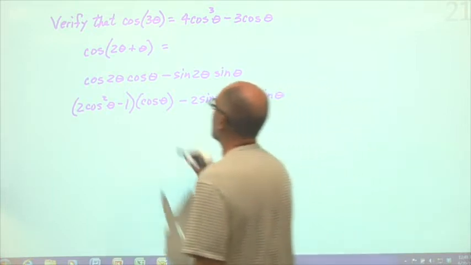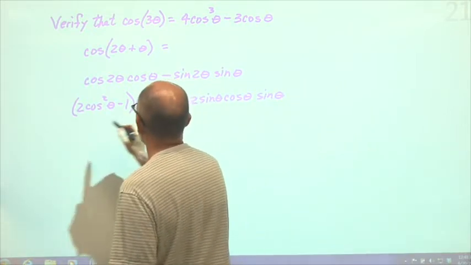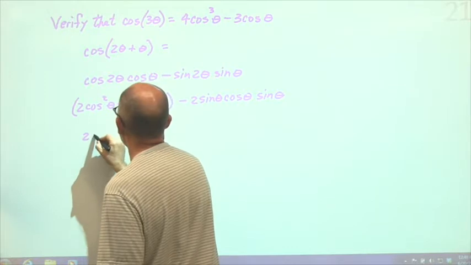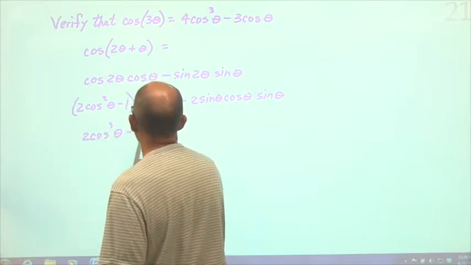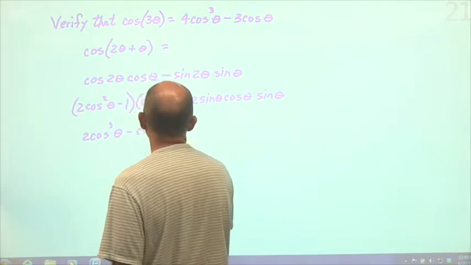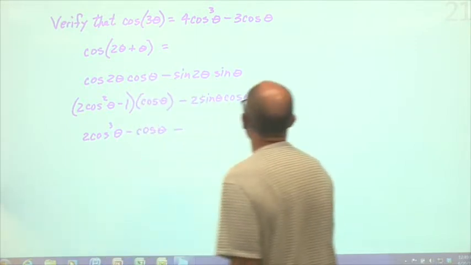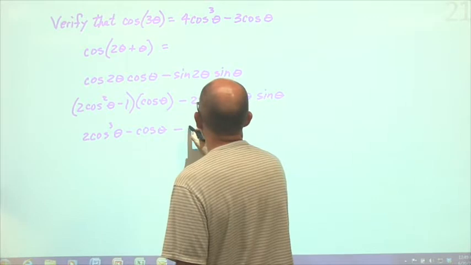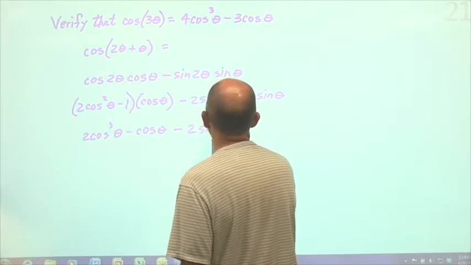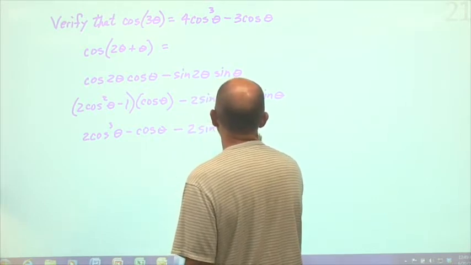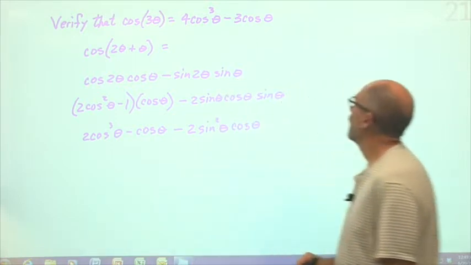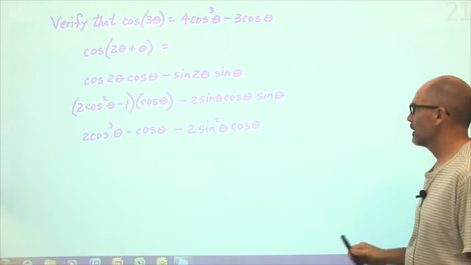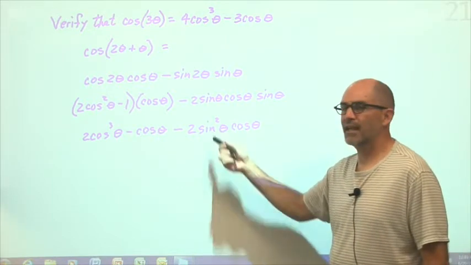So when we distribute this, we end up with 2 cosine cubed theta minus cosine theta. Now what we have here is 2 sine squared theta cosine theta. Now we're getting close, but we need to get rid of that sine squared.